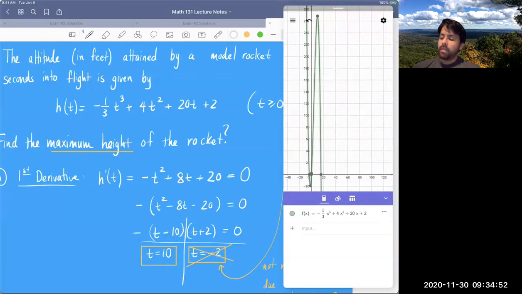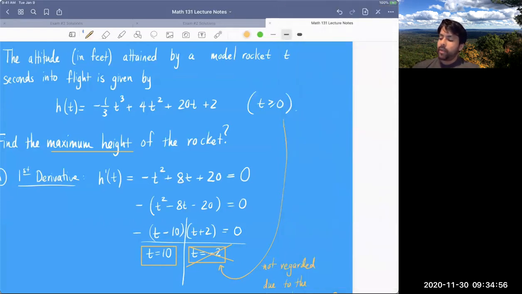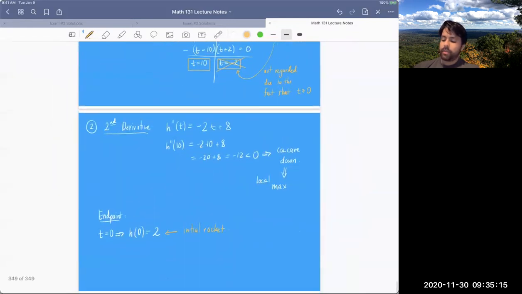So in reality, my restricted interval is really from 0 to 15.817, dot, dot, dot. Because that is when the height is 0.